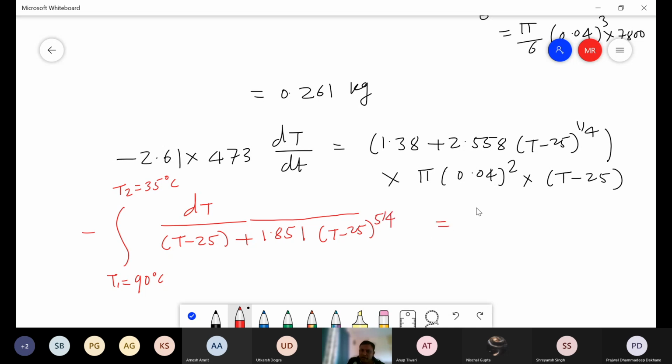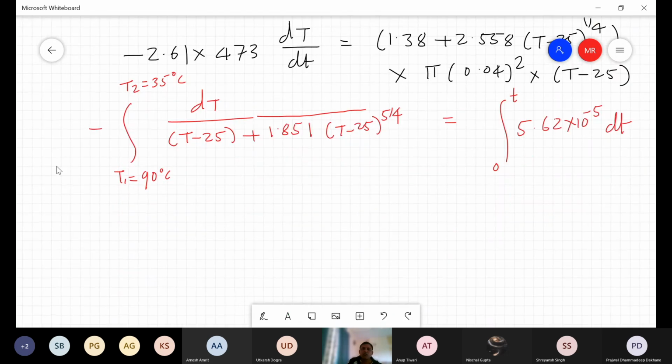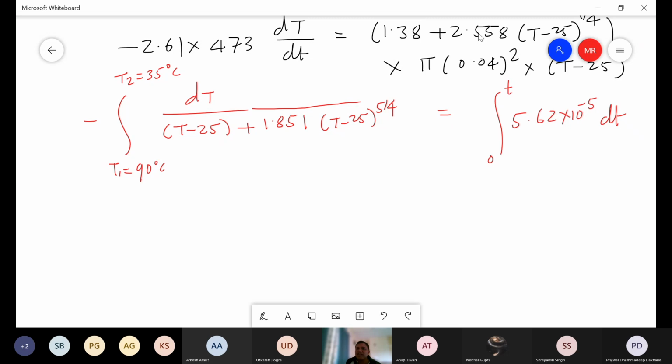And on the right, you will get 0 to t, 5.62 into 10 raised to power minus 5 dt. This is what you are expected to get. If you rearrange everything, this is the integral you are going to get. Is it clear what we have done? We have just rearranged things, and since we are interested in finding the actual time, we can integrate that. So after integrating, finally, this is what we are expected to get. Is it clear? Hello?